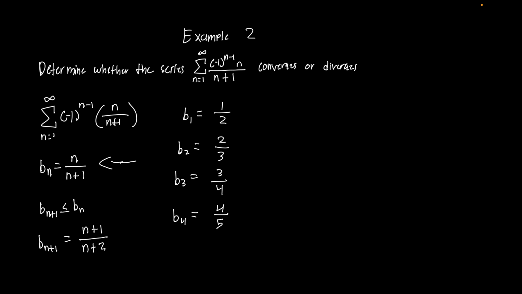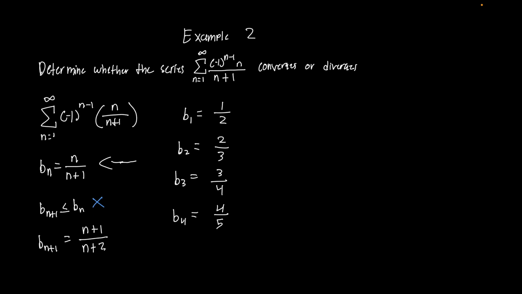So as you can see, these are getting bigger, right? 1/2 is 0.5, 2/3 is like 0.67, 3/4 is 0.75, and 4/5 is 0.8. So as you can see, these terms are not getting smaller. Therefore, this fails one of the alternating series test conditions. So we can write an X in blue right here. Bang. This has failed the first condition.